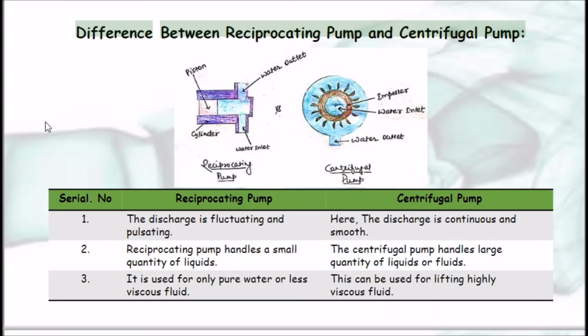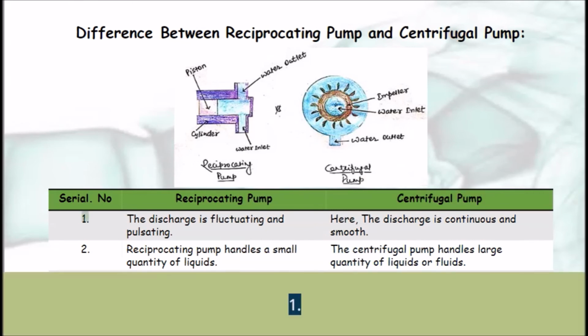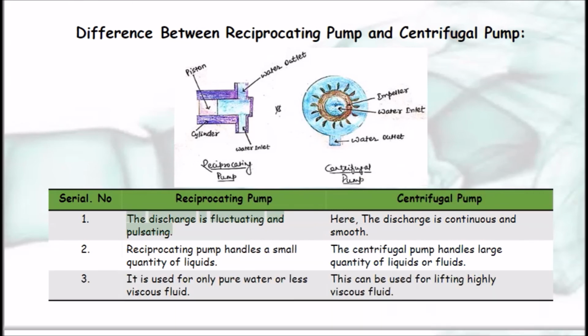Difference between reciprocating pump and centrifugal pump. Serial number, reciprocating pump, centrifugal pump. One. The discharge is fluctuating and pulsating. Here, the discharge is continuous and smooth.